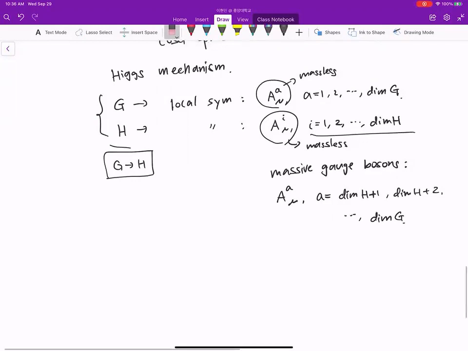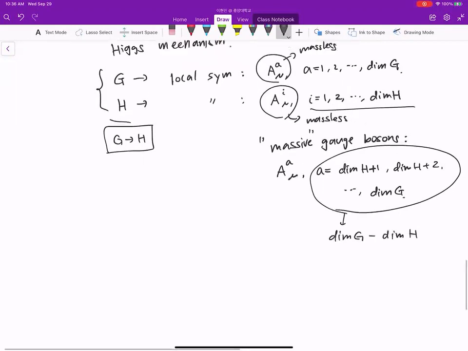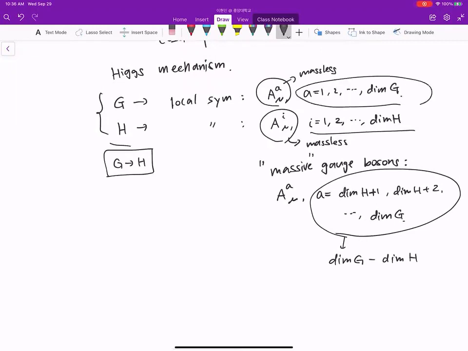The number of massive gauge bosons you can count from the indices. This is the full set of gauge bosons, and you have a dimension. This is the remaining massless gauge bosons, and the difference will be the massive gauge bosons.